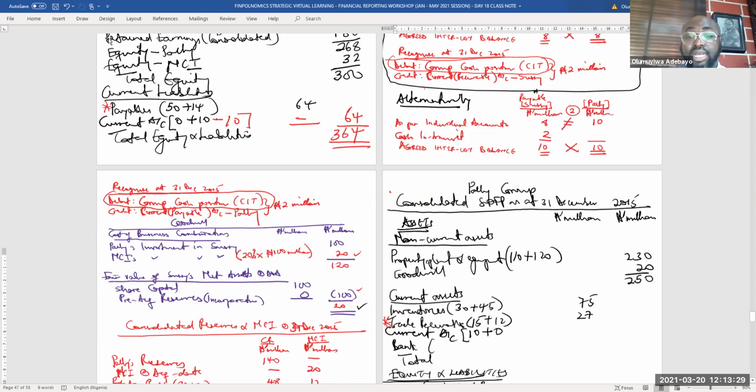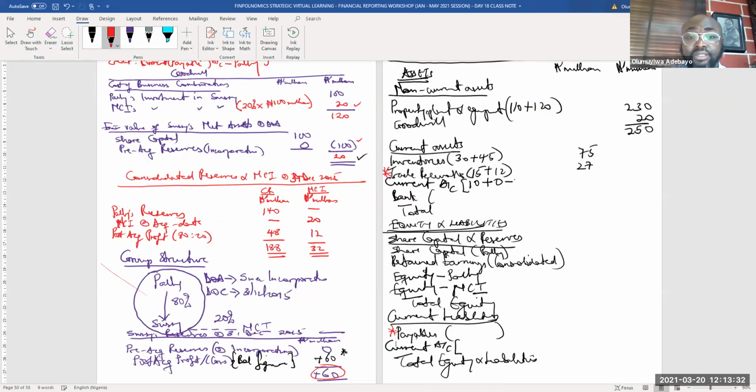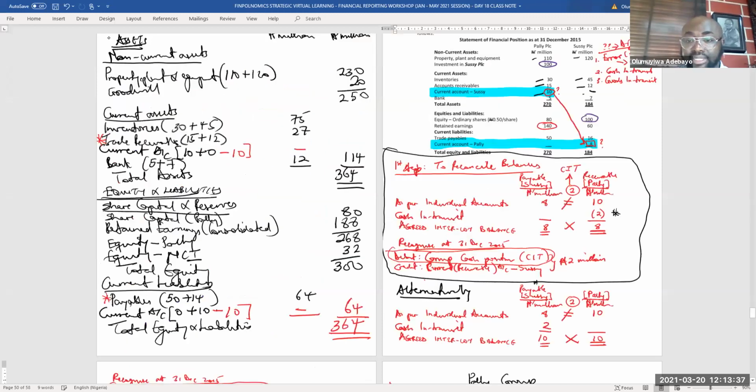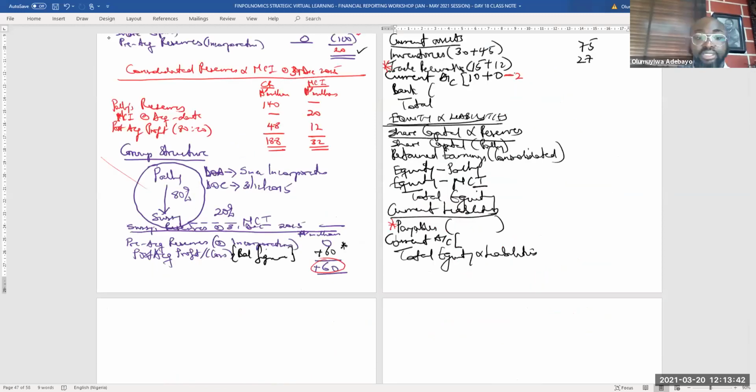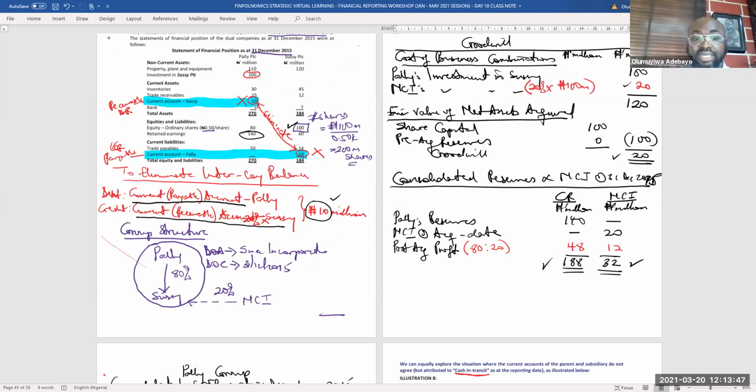And finally, we are to eliminate the 8. Remember, the entry we passed, or we are to pass, is similar to this entry, which is, instead of 10, it will now be 8. Therefore, debit current account payable by 8 and credit current account receivable by 8. And therefore, doing that, I'll come here and deduct 8. Doing so gives me nil, similar to what we've done before.